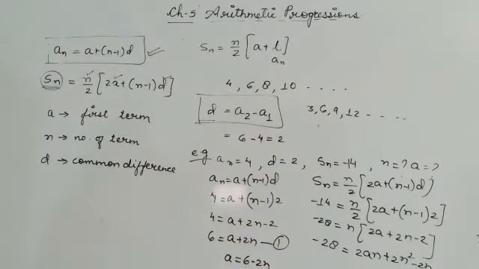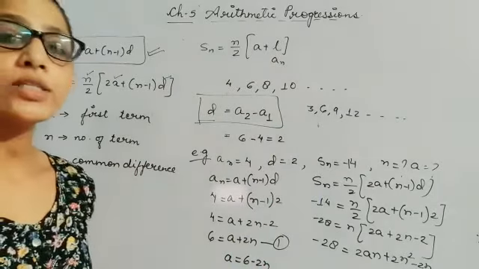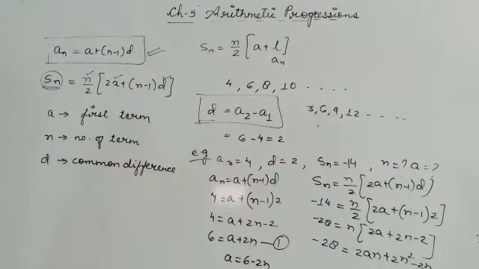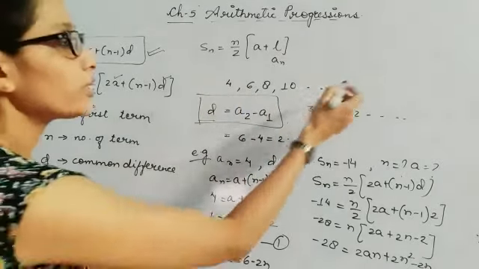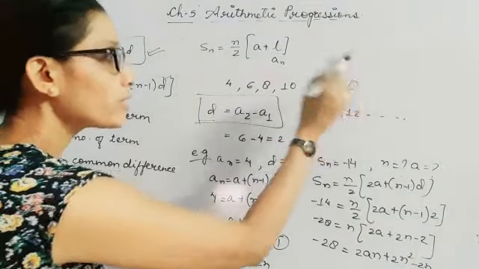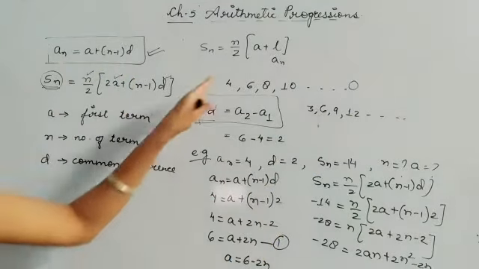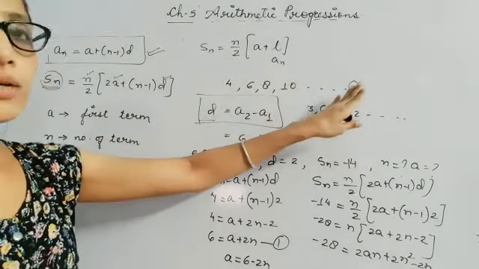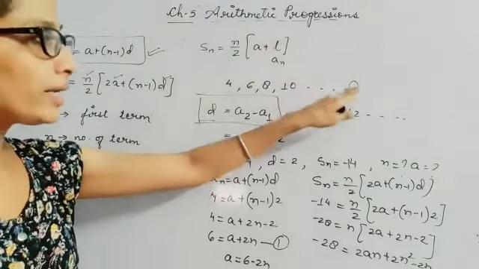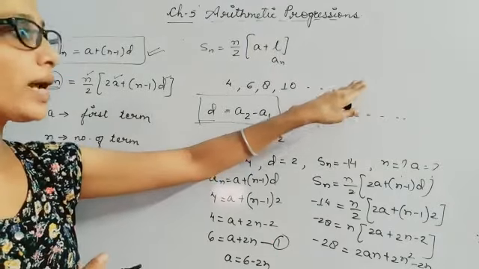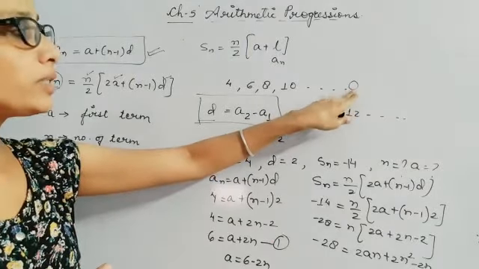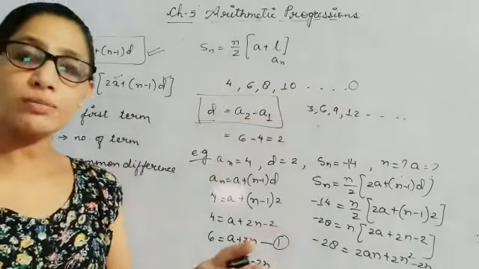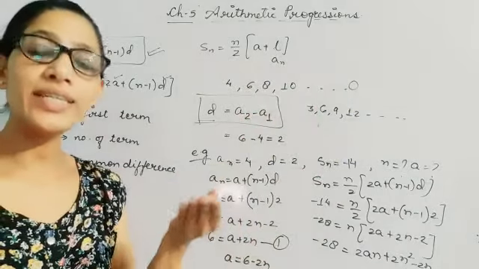Children, one more question you can get in your paper. Let's suppose this is the given progression to you, and in the question they ask whether 0 exists in the progression or not. Then what you have to do, if 0 exists somewhere, is end the given progression at 0, and take your nth term as 0. Let's suppose the question asks to find the first negative term.